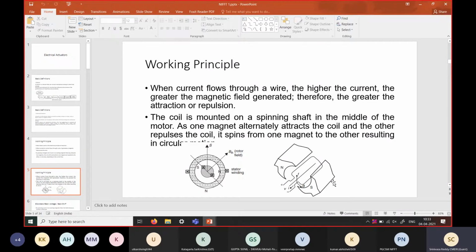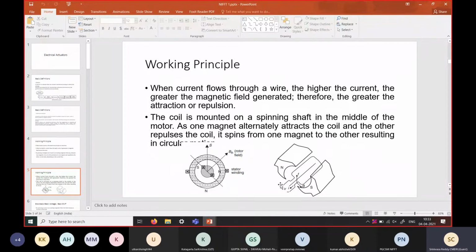Due to the rotation of the armature winding, they automatically result in reversal of the electric field. In the second image we can see one coil shown, with polarity: the top one is plus and the bottom one is minus.